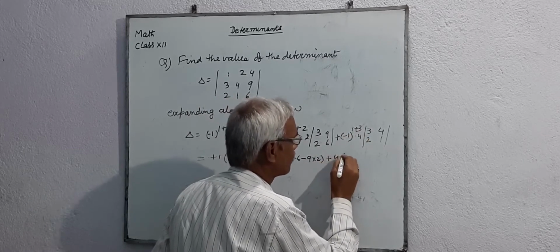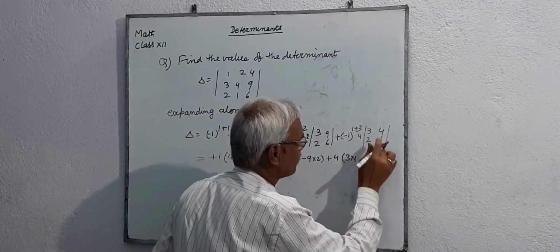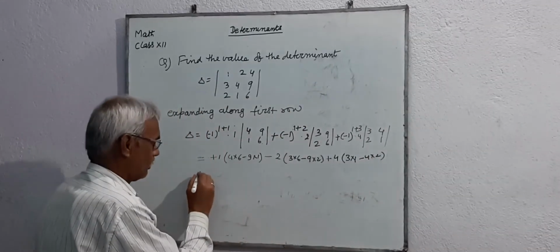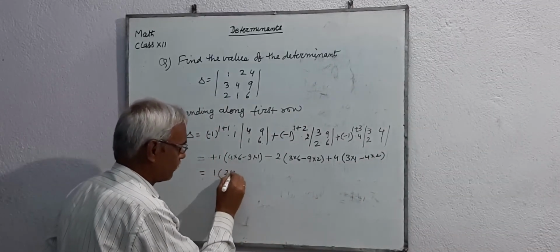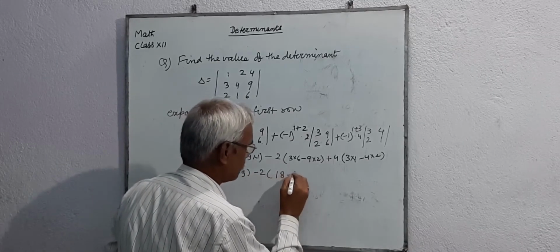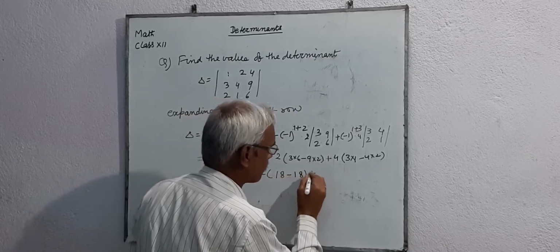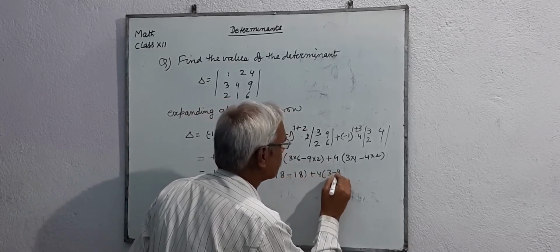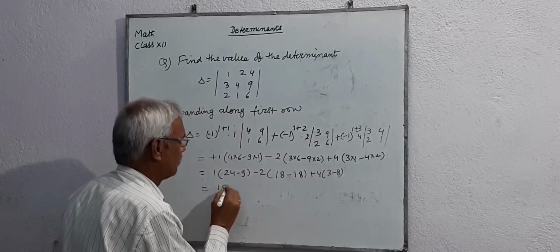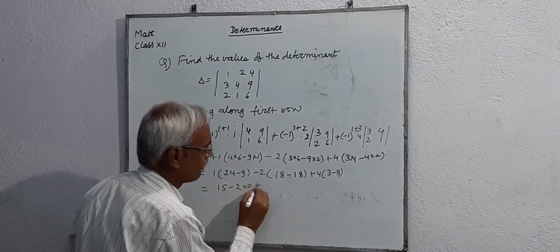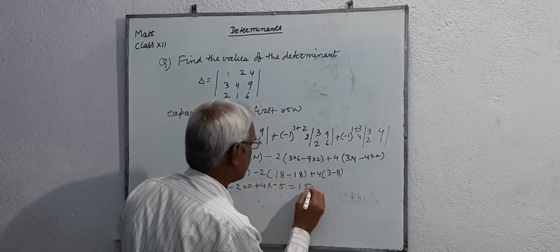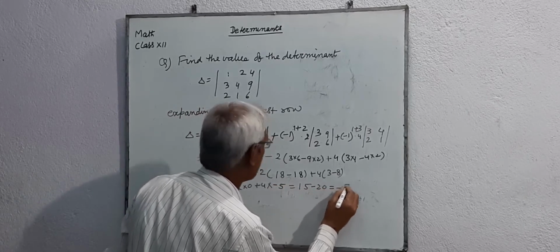Plus 4 times (3 into 1 minus 4 into 2). We get 24 minus 9 minus 2 times (18 minus 18) plus 4 times (3 minus 8) equals 15 minus 2 into 0 plus 4 into minus 5 equals 15 minus 20 equals minus 5.